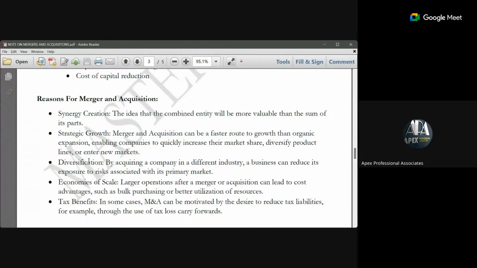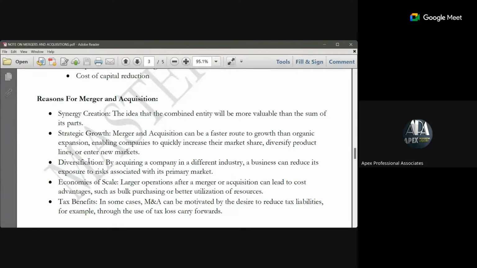So one of the reasons why companies consider merger or acquisition is that it is a faster route to expand the business. And of course, a company that operates one building, when a merger arises, can have up to 5 or 6 buildings in its possession. So it gives room for more expansion than when organic growth is considered.